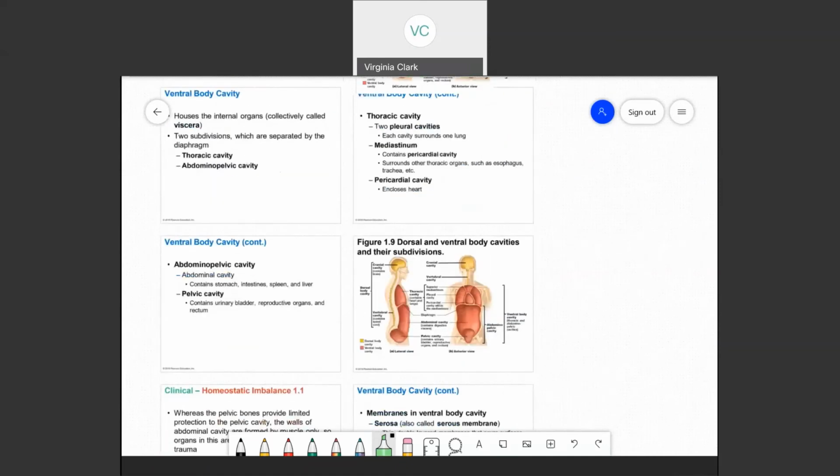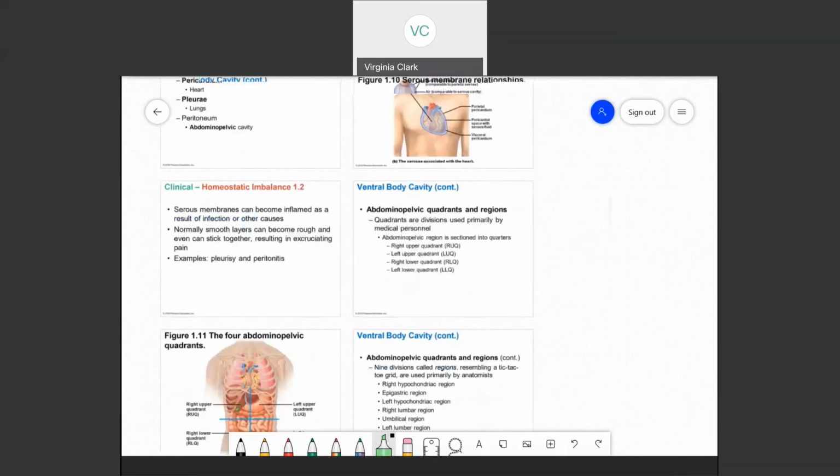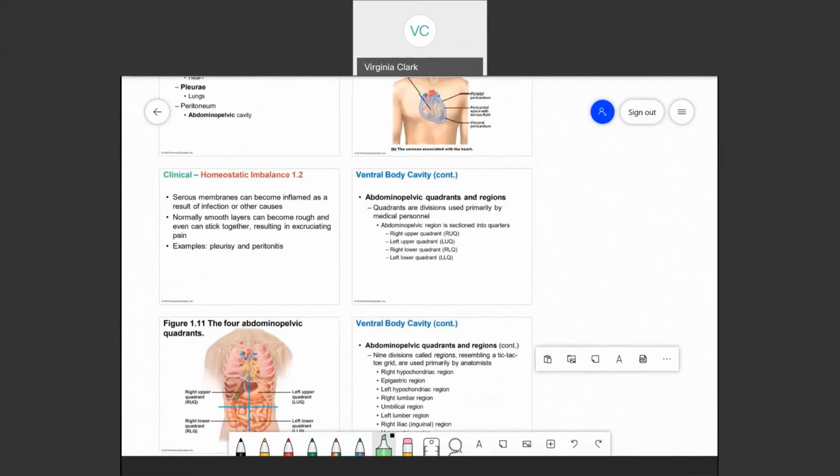And then the last thing I want you guys to know is going to be these quadrants. So I do want you to know the abdominal quadrants.